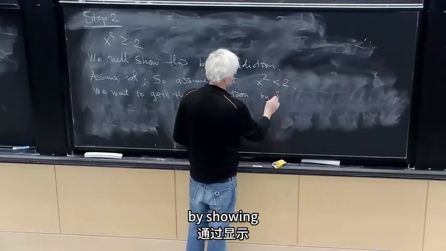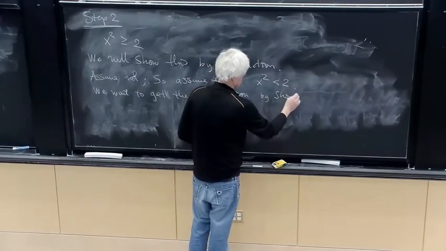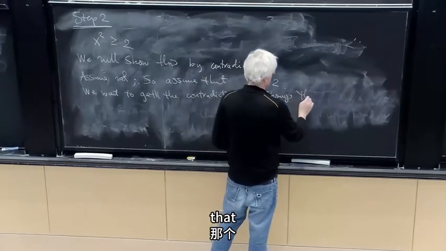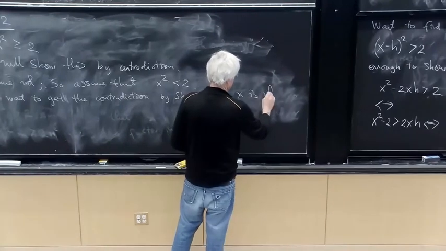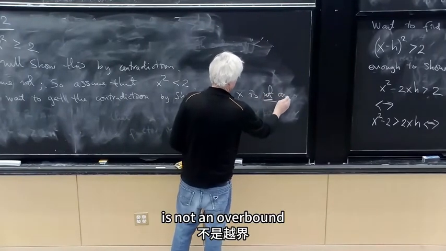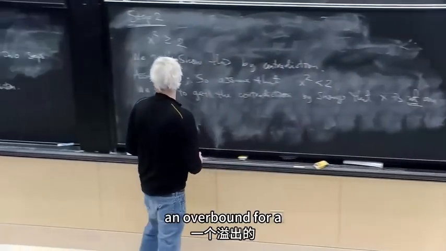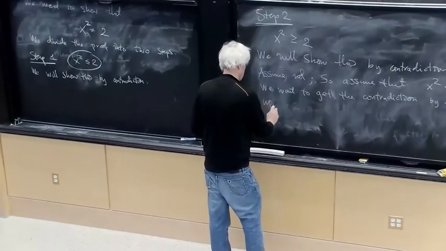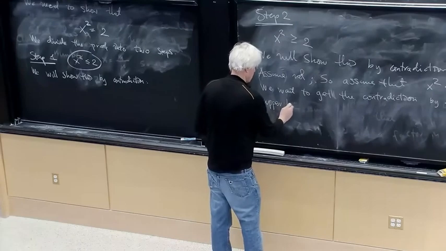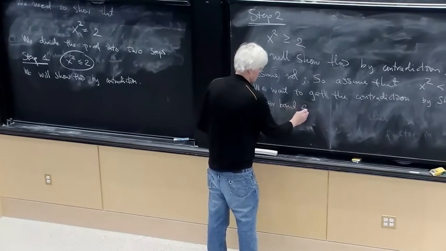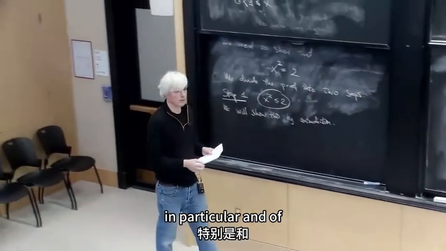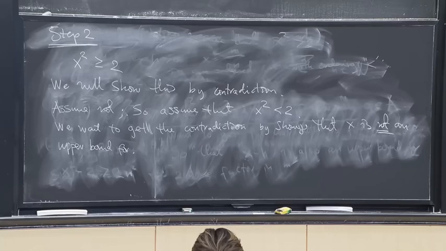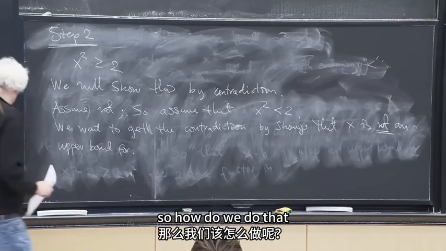by showing that x is not an upper bound for A. Right? X was supposed to be the least upper bound, so in particular an upper bound. So how do we do that?